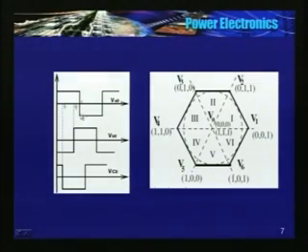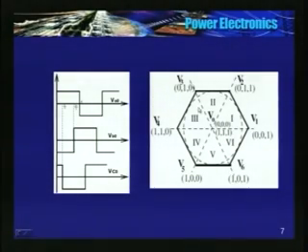A is 0, lower device is on, B is 1, for another 60 degrees, and we are somewhere at this point.